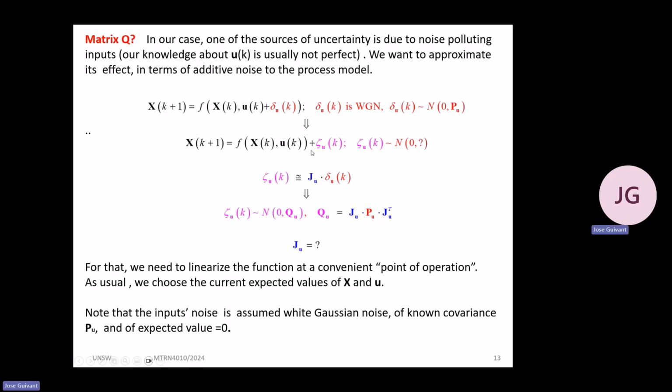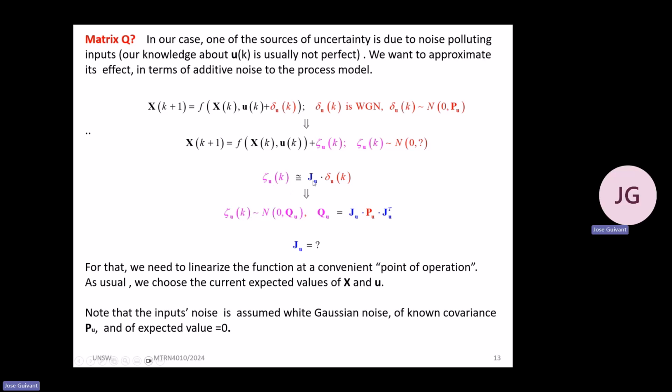It will be like the nominal model, plus certain disturbance, certain discrepancy. And what is this? Well, this is just the effect of this noise. And because this usually does not have a large amplitude, we could apply linearization to capture how this small fluctuation is going to be affecting the result.